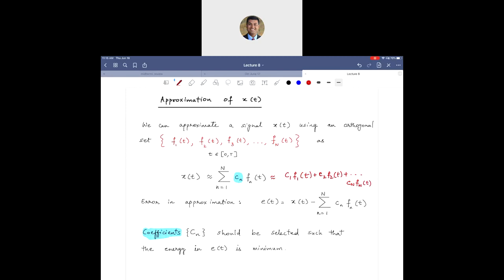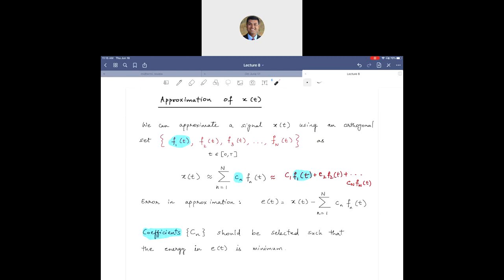So you start off with an orthogonal set of functions. You project x of t onto each one of those functions so that you evaluate C1, C2, C3, and so on. And when you add everything up, it will be an approximation of the signal that you started off with, x of t. Now, what is going to be the error in approximation?